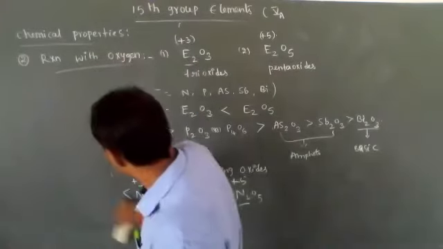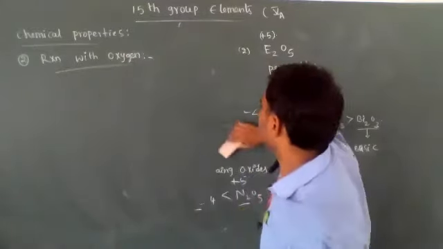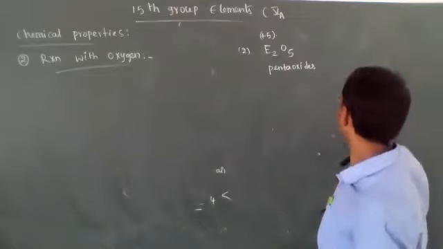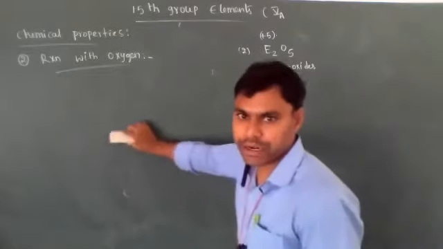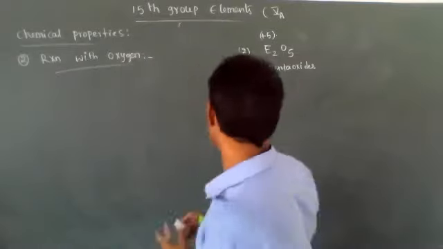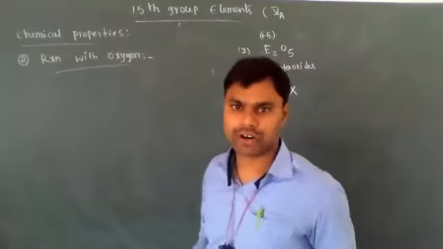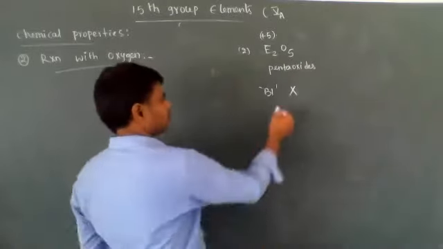Let's see one important point related to pentoxides. Nitrogen, phosphorus, arsenic, and antimony form pentoxides, but bismuth does not form pentoxides. Why?